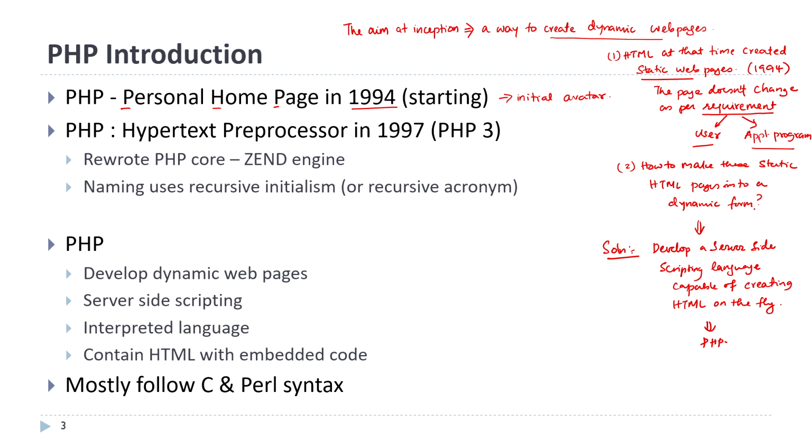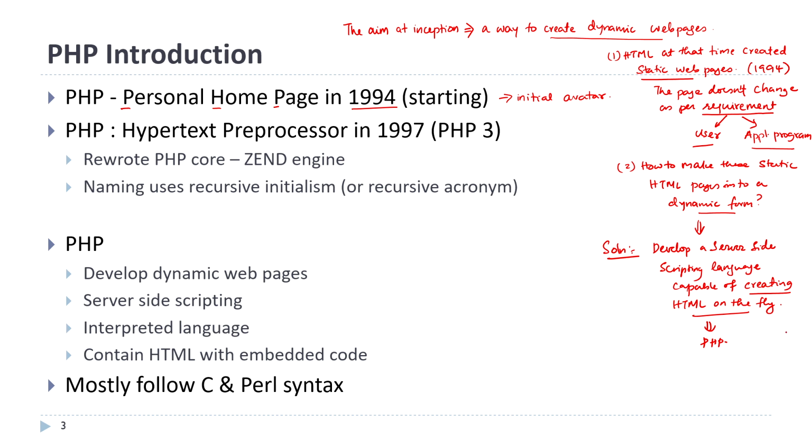So, the question was how to make these static HTML pages into a dynamic page. The solution developed was to create a server side scripting language capable of creating HTML on the fly, as the page is executed, and that is how PHP came into the picture.